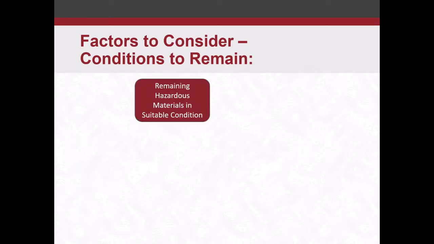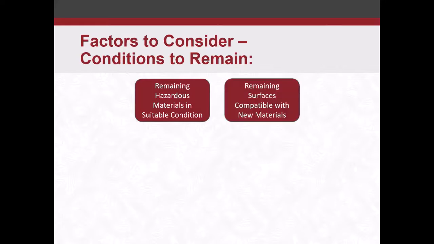All right, so on the conditions to remain, once you get done with the hazardous materials abatement, you want to make sure that the remaining materials are in a suitable condition for future work. Sometimes it's an obvious condition, but sometimes you want to specify how that's done. So if you're removing pipe insulation on a portion of a pipe and you're leaving the rest of it there, you want to make sure that they seal those ends, so that for anybody else working in that area, you've got nice sealed ends that they don't have to touch.